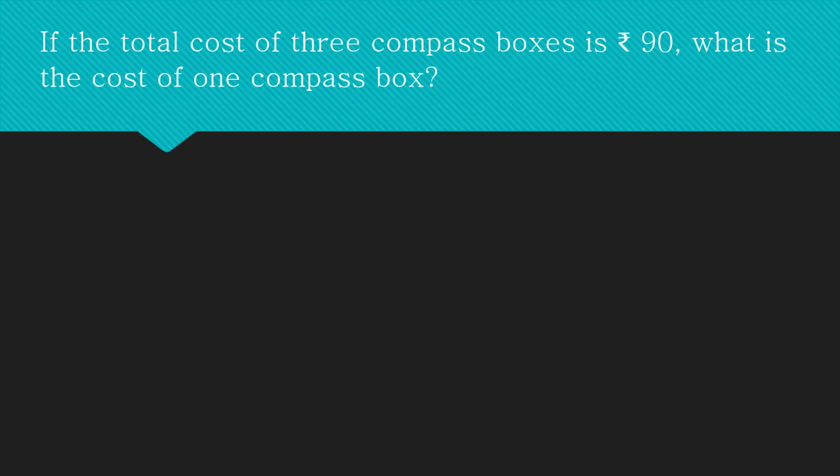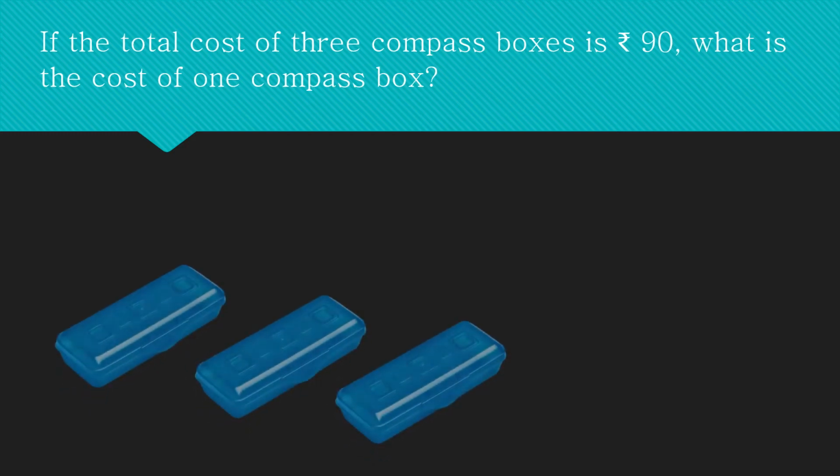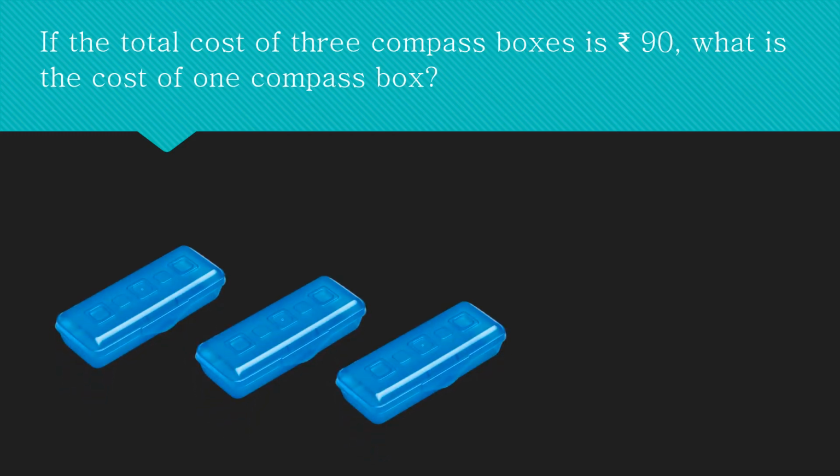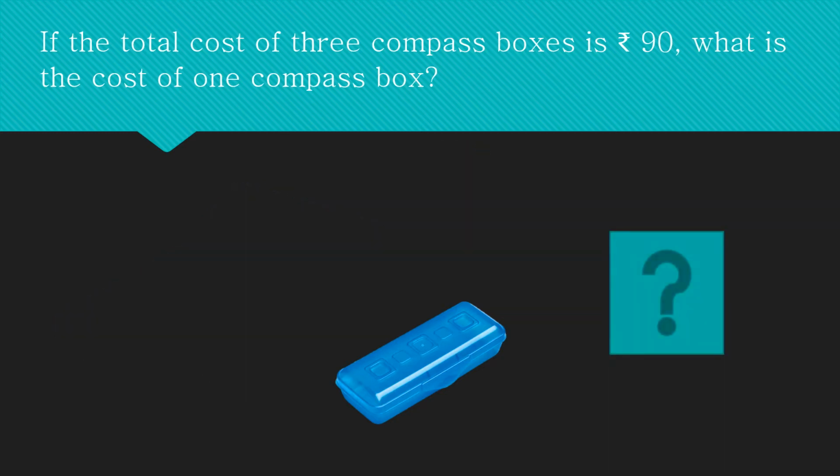If the total cost of 3 compass boxes is rupees 90, what is the cost of one compass box? So students, if we have the total cost of 3 compass boxes is rupees 90 and we have to find out the cost of one compass box.